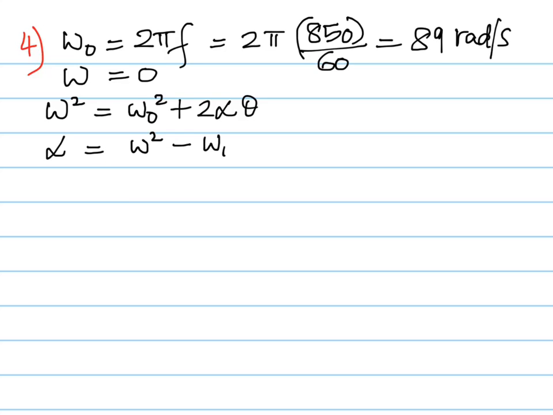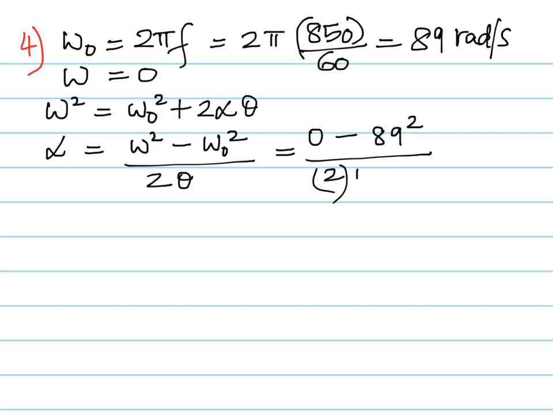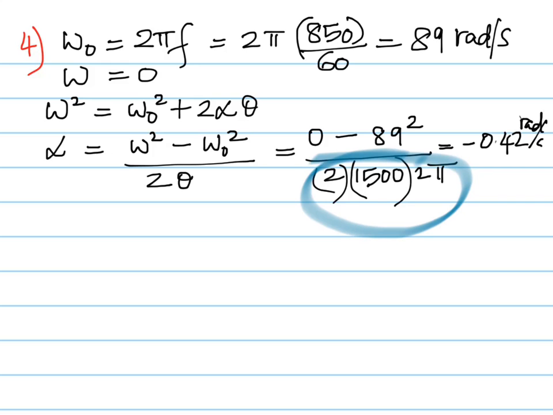Make alpha the subject. Substitute those terms without making a mistake. Theta is 1500 times 2 pi, because for each rotation, the angle covered is 2 pi. You get minus 0.42 radians per second squared.